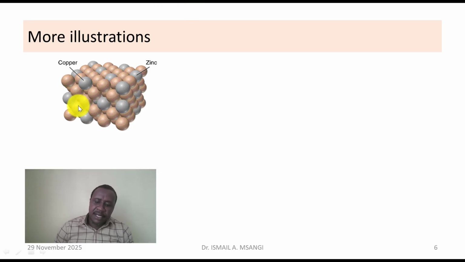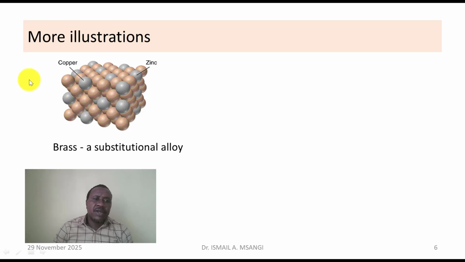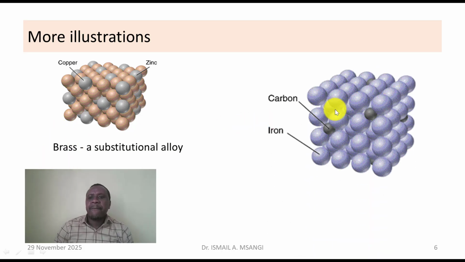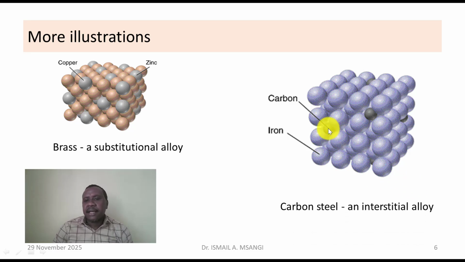These are more illustrations on substitution and interstitial alloy, where this is another good example of substitution alloy, where copper atoms are replaced by zinc atoms, which are presented with gray color, to form an alloy which is called brass. And here we have another example of interstitial alloy where carbon atoms are trapped at the interstices of the iron matrix.